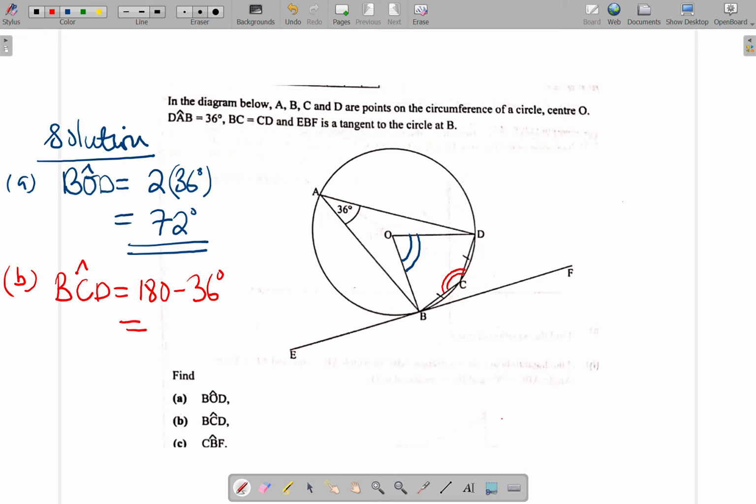This is now going to give me 144 degrees. 180 less 36, so I'm going to have 144 degrees. That is my angle BCD.